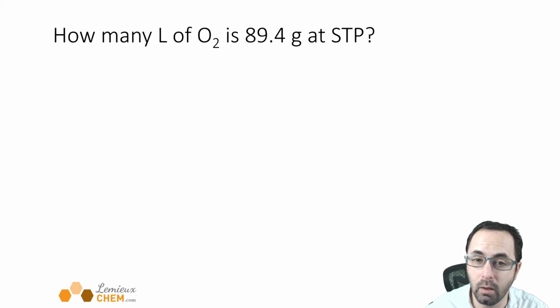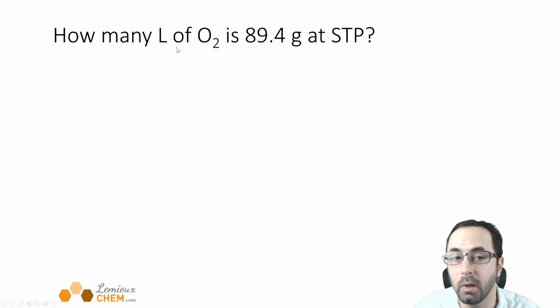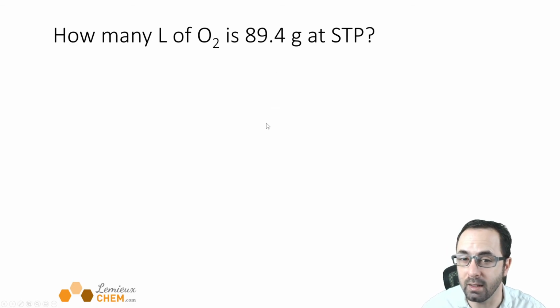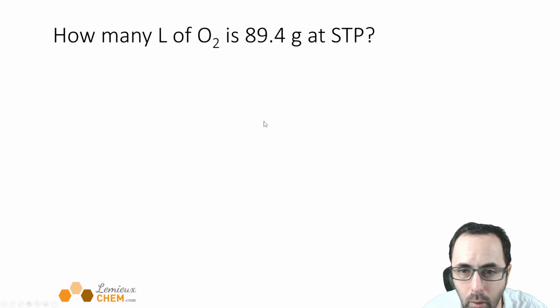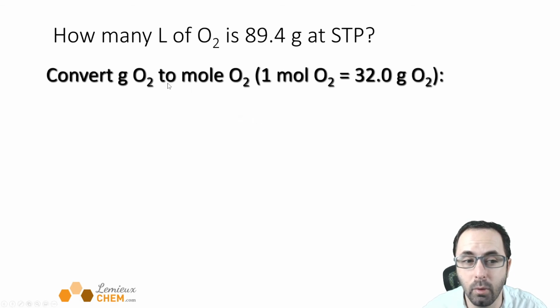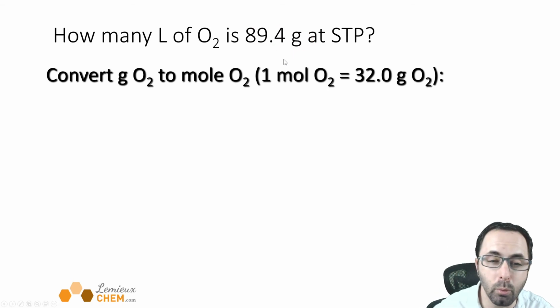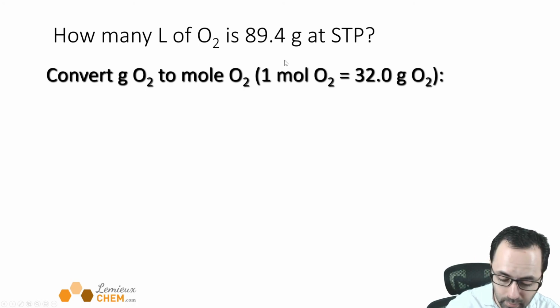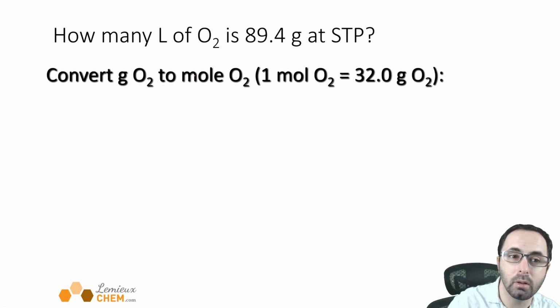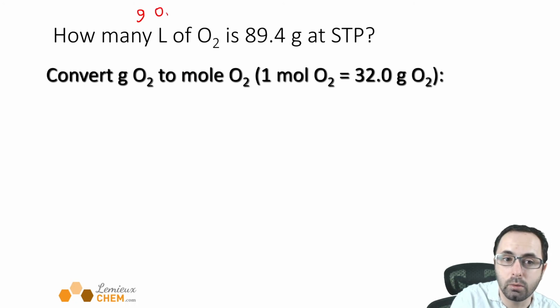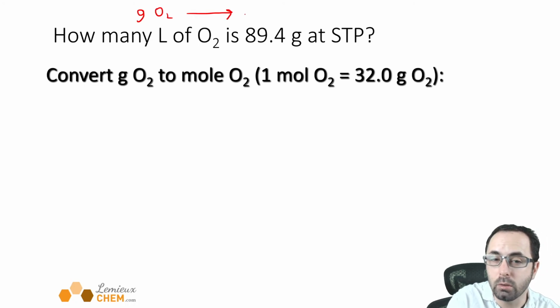Here's another example problem. It's kind of like the reverse of what we just did. It says, how many liters of O2 is 89.4 grams at STP? Well, we're going to start with our 89.4 grams, and we're going to want to get moles, because we know if we have the moles, we can convert that to liters. So our plan is to go from grams of O2 to moles of O2.